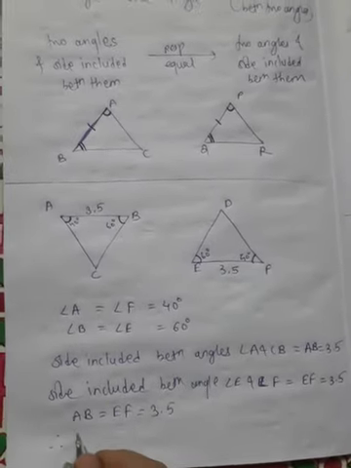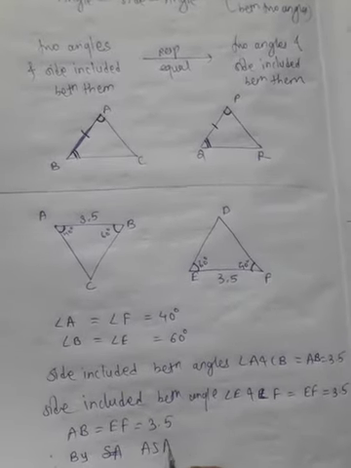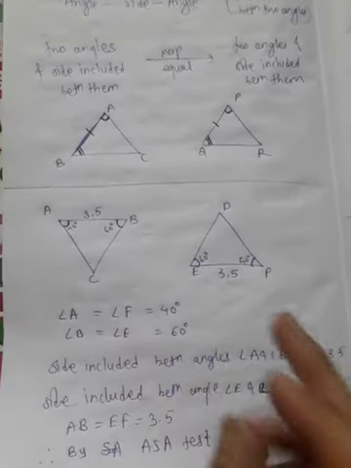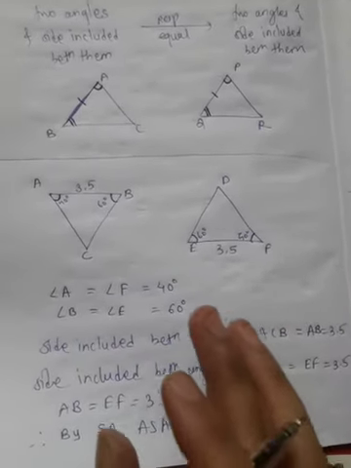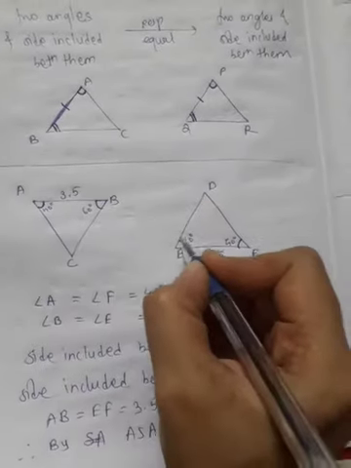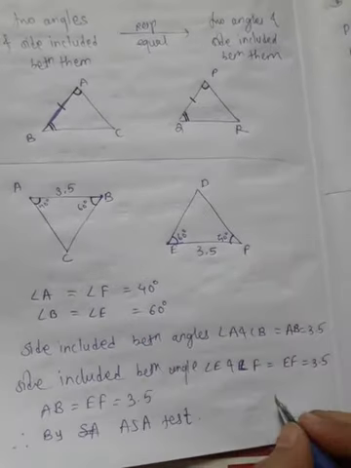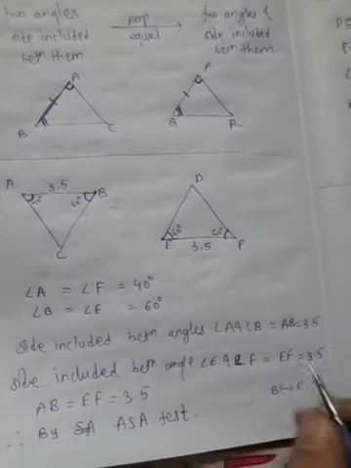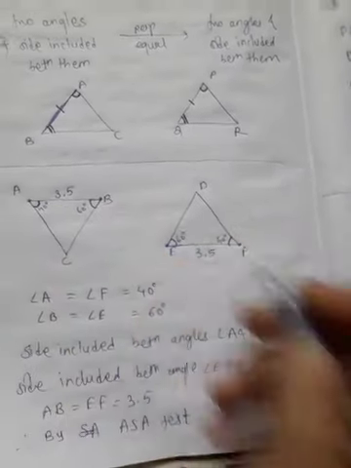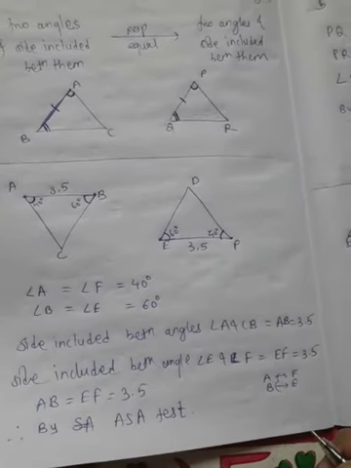So therefore by the ASA criteria, we can say these two triangles are congruent. But before that, check correspondence. This is 60 degree and this is 60 degree, so B must correspond to E. Again this is 40 degree, this is 40, so A must correspond to F, and what remains?